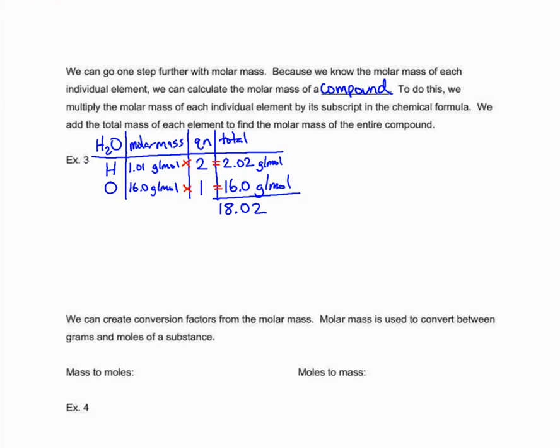When you're adding or subtracting, the number with the fewest digits after the decimal determines the answer. So oxygen had one digit after the decimal. That means our answer only has one digit after the decimal. 18.0, and the units are grams per mole. And this is the molar mass of water.